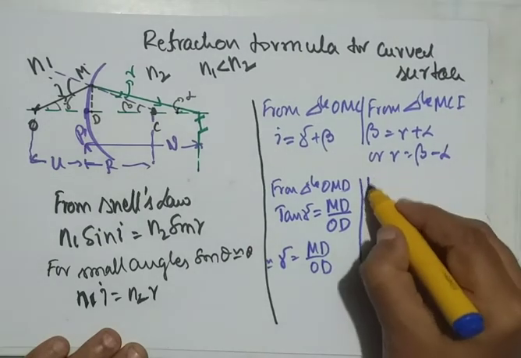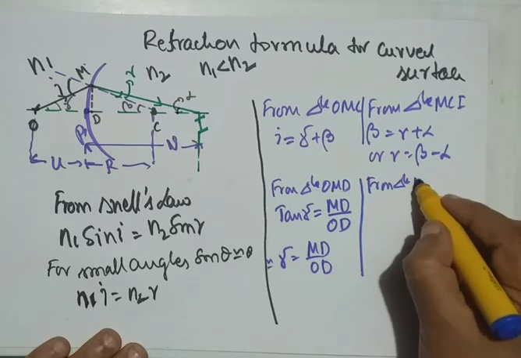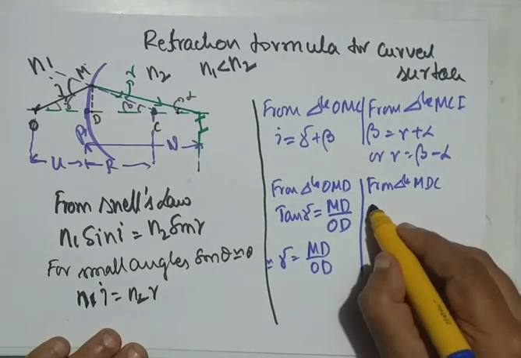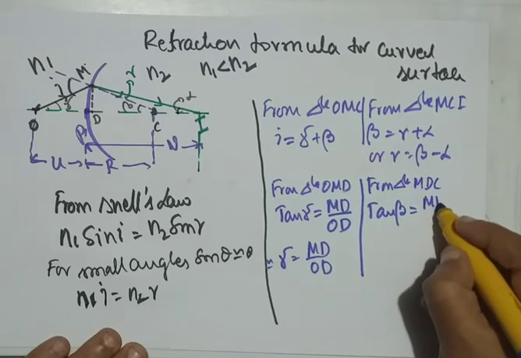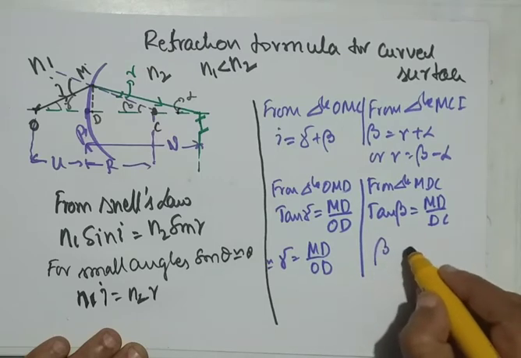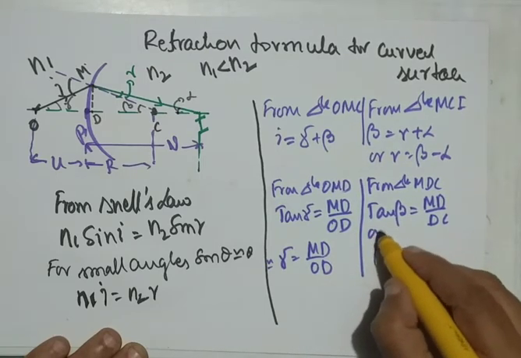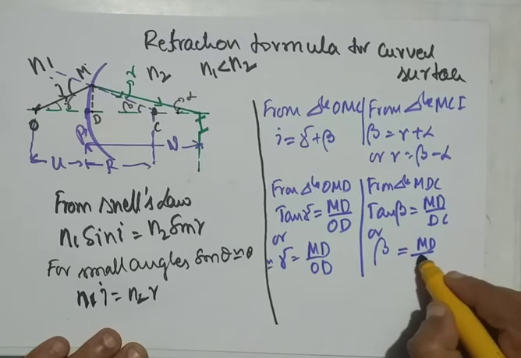Similarly, from triangle MDC, tan beta equals MD by DC. By small angle approximation, beta equals MD by DC.